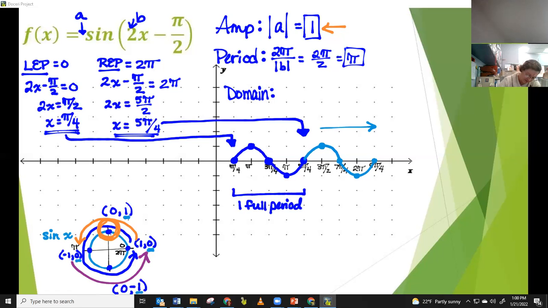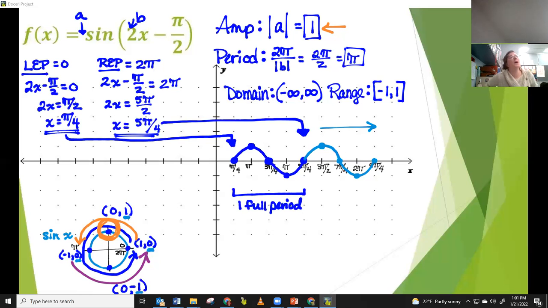Negative infinity to positive infinity. And what about my range? -1 to +1. Yep, we're going to put brackets around that because it is inclusive. We have dots there. It is not exclusive.